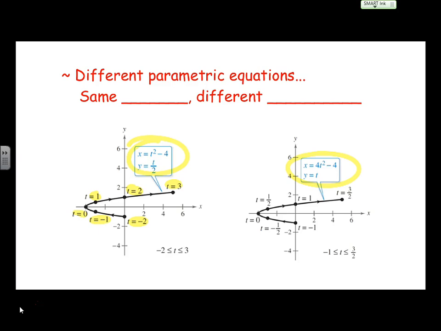The equations are different, but what else is different? Direction? No, the direction's the same. Check it. Good idea, but no, the direction's the same. What values? The t values.